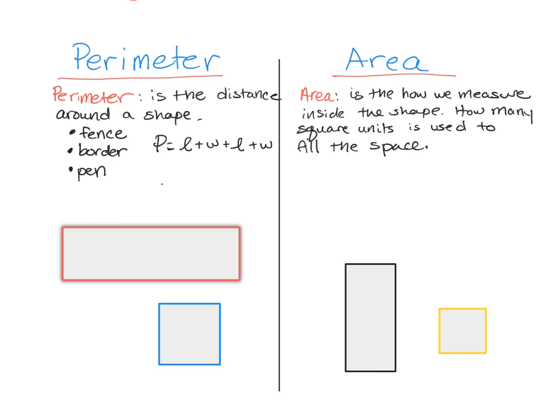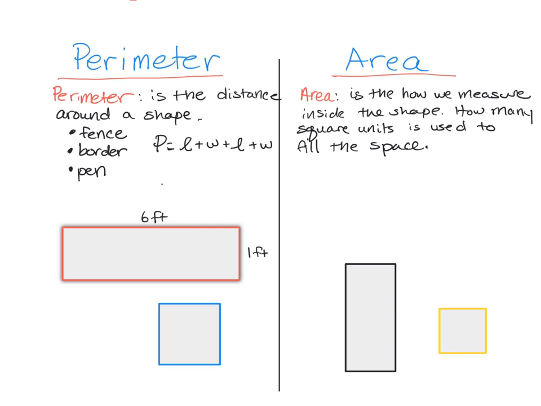So if we're looking at this rectangle, let's put some numbers here. Let's say this is 6 feet. Obviously, it's not really 6 feet, but when we draw things, we draw them smaller to fit on our paper. So my length is 6 feet, and we'll say my width is 1 foot.